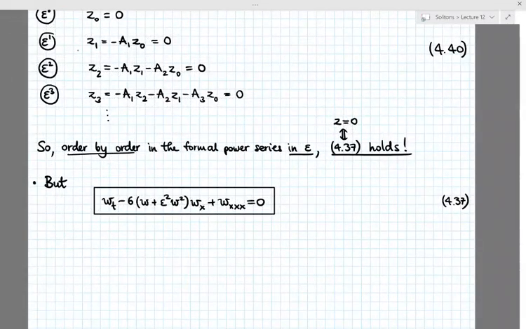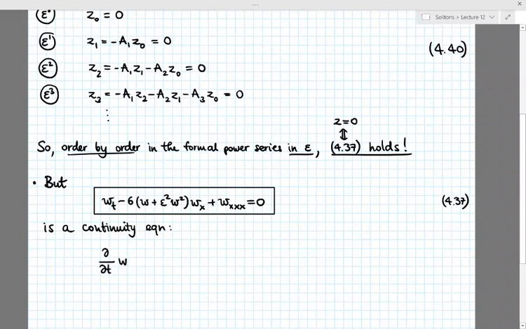Indeed, we can rewrite it as the partial derivative of W with respect to T plus the partial derivative with respect to X of minus 3W squared minus 2 epsilon squared W cubed plus WXX equal to 0.